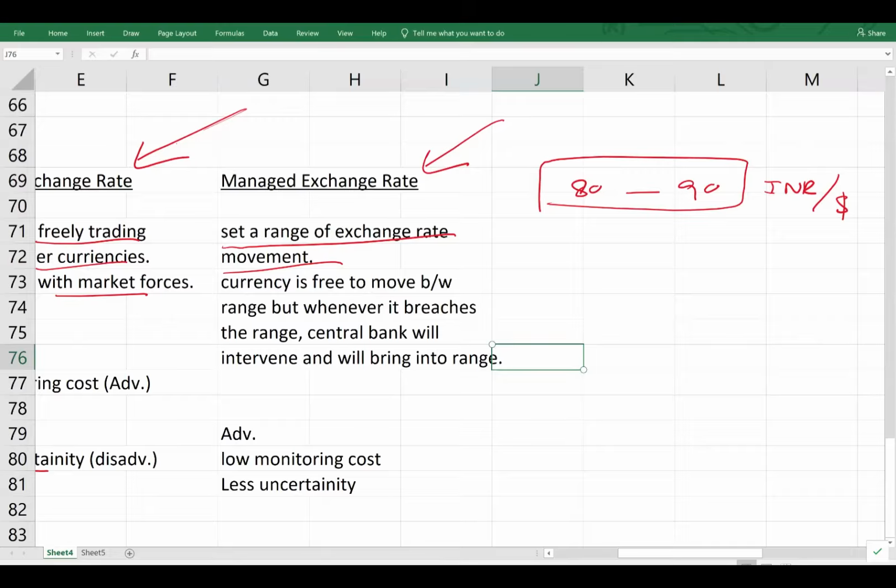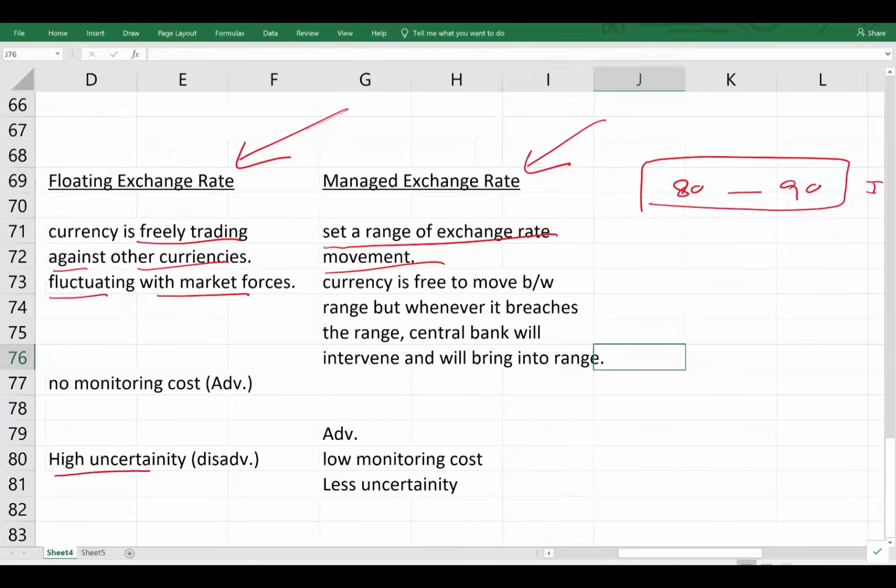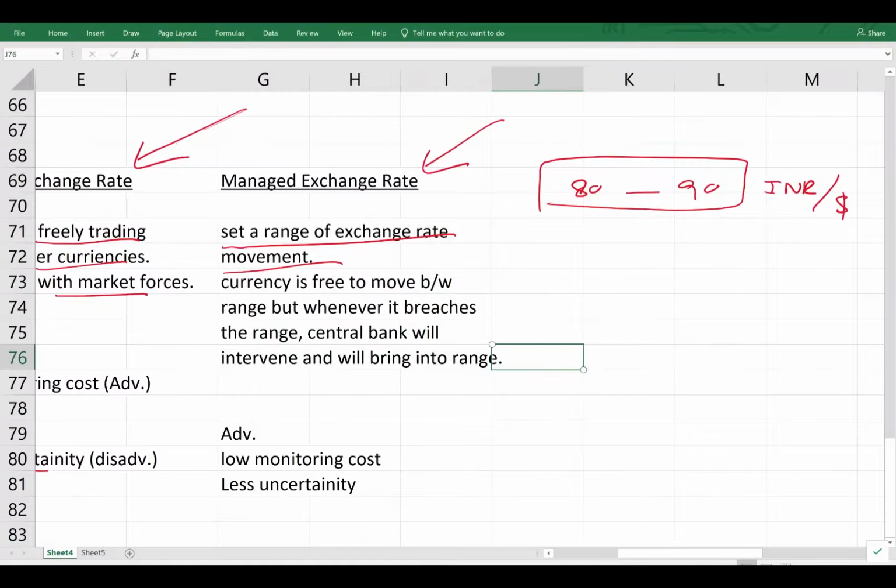So here, you don't need to monitor all the time. You don't need to check, change, or fix it like in the first case. Let it fluctuate within the range, but only when it's trying to cross the range, the central bank will intervene and bring it back into the range again.